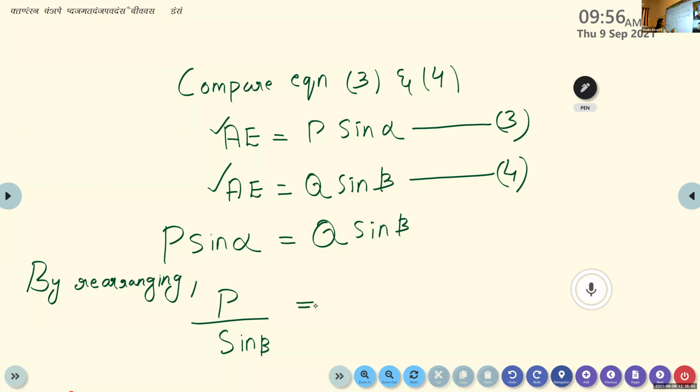So P by sine beta is equal to Q by sine alpha. This is our equation number 6.